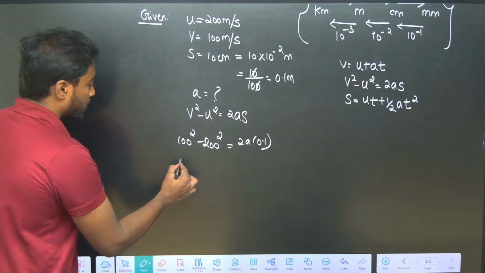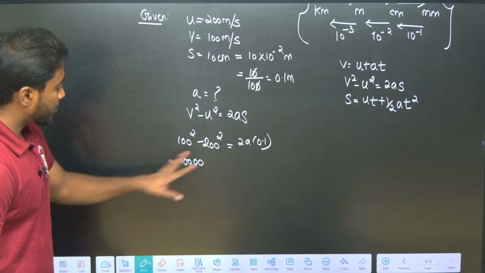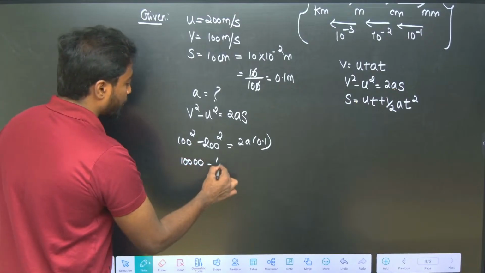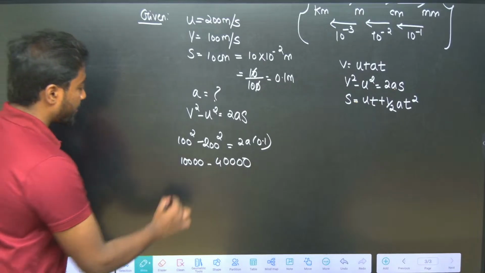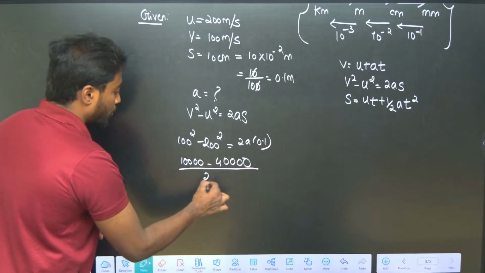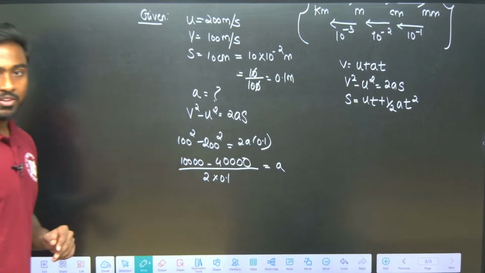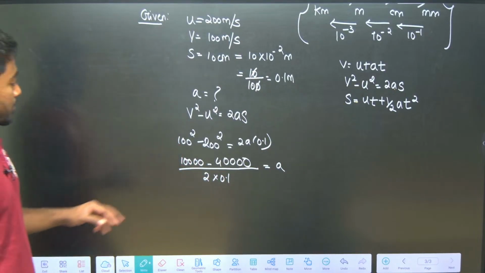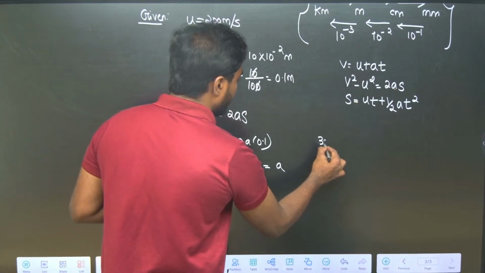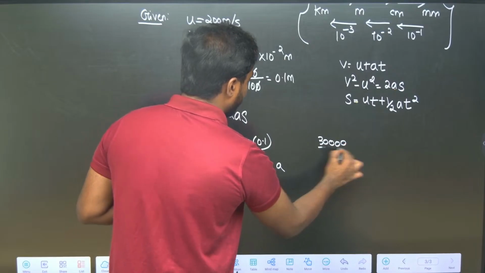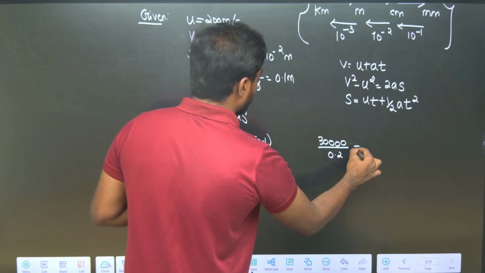So right now, 10,000 will come, minus 40,000, that's it. Divide by 2 into 0.1, which is equal to a. So now how much will I get? 30,000, no? So 30,000 divided by 0.2, which is equal to a, right?